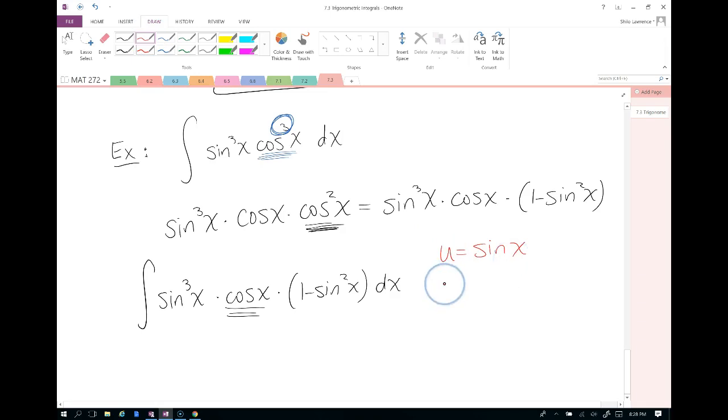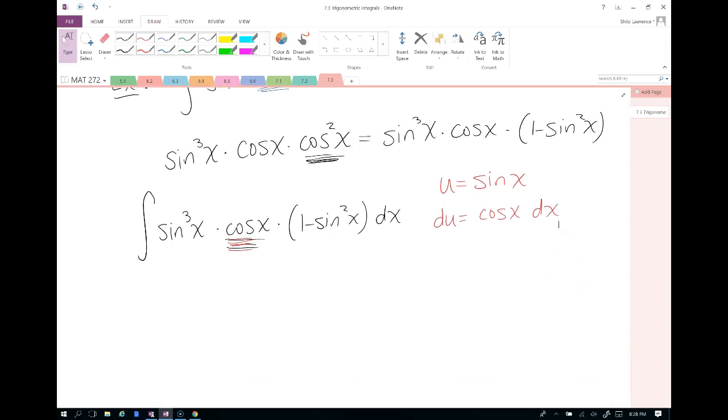I'm going to let u equal sine because I've got so many sines in there, and then whatever one I was holding on to, remember, I want that one to hopefully turn out to be my derivative. And the derivative of sine is in fact cosine.